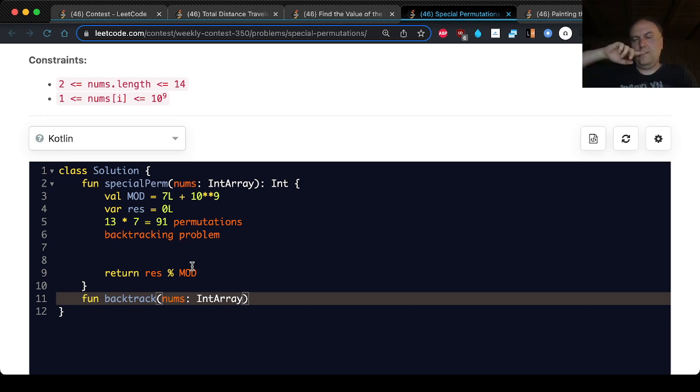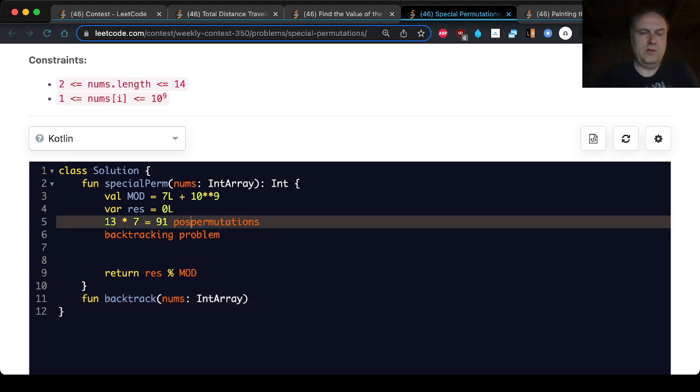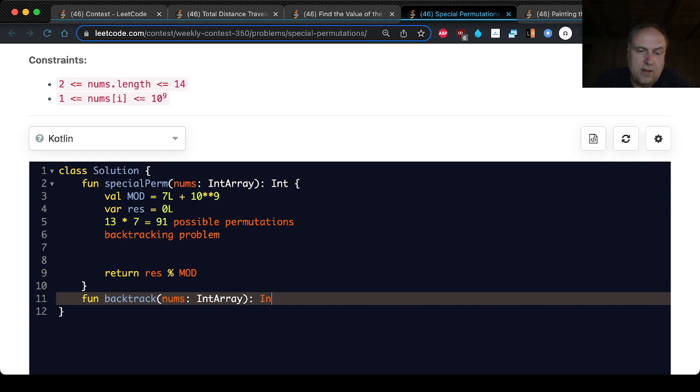So let's do the backtracking problem. Backtrack, and it's going to take nums and an array. So we're going to go through each one. So 91 permutations. And it's going to return an int. I guess a long just in case.